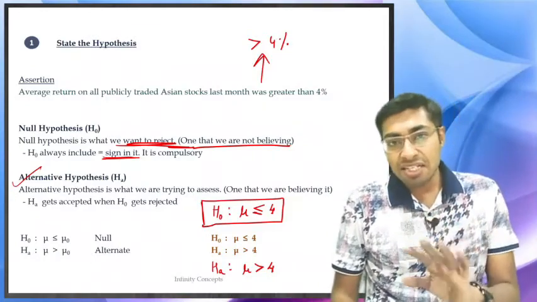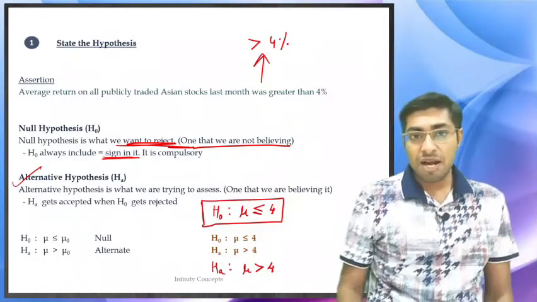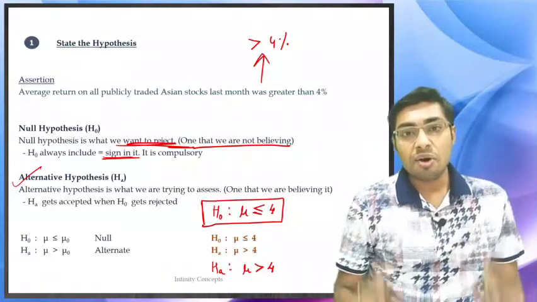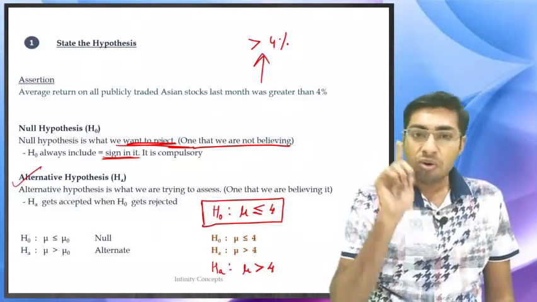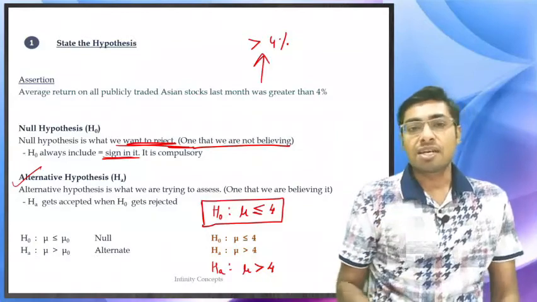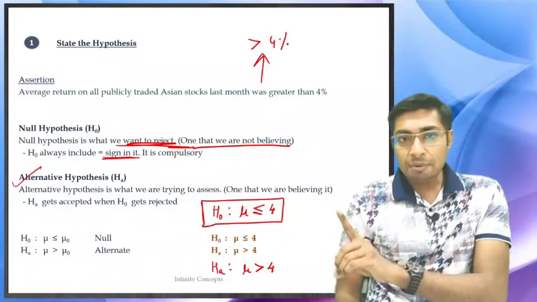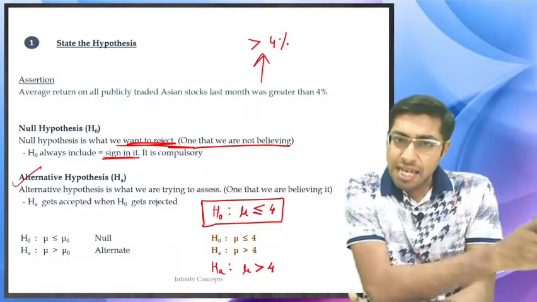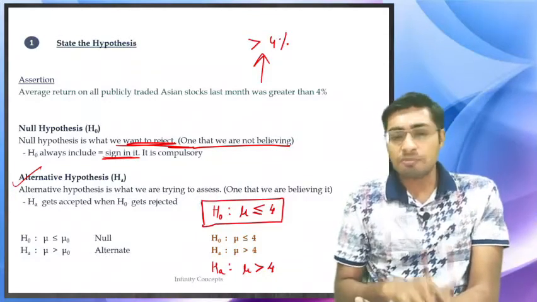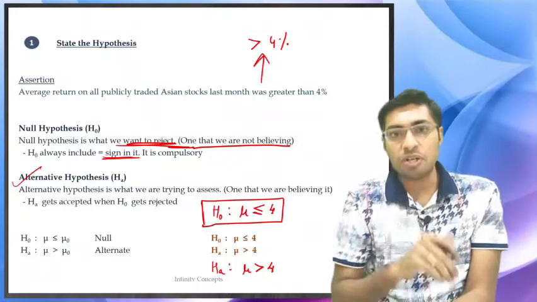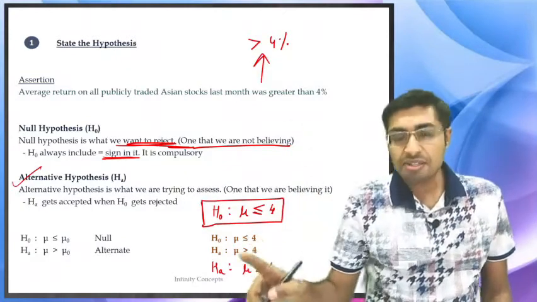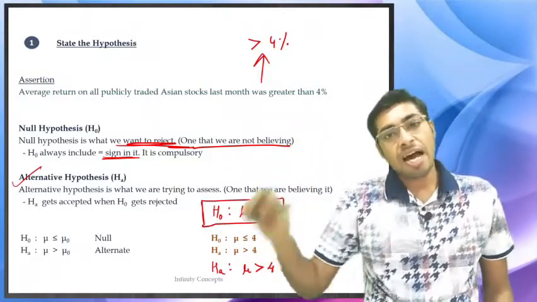We never say accept the alternative hypothesis or reject the alternative hypothesis. No, we are never going to use those words. We will only say reject the null hypothesis, which actually means accepting the alternative hypothesis, but we will never use the words accept the alternative hypothesis. Only say reject the null hypothesis.